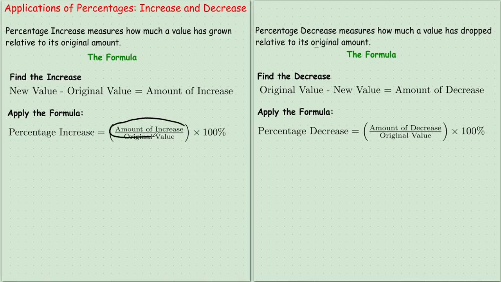The amount you have been able to solve for, all over the original value. Then since you are talking of percentage, times 100. If you are talking of decrease, then the amount you have calculated as the decrease over the original value, you multiply it by 100.